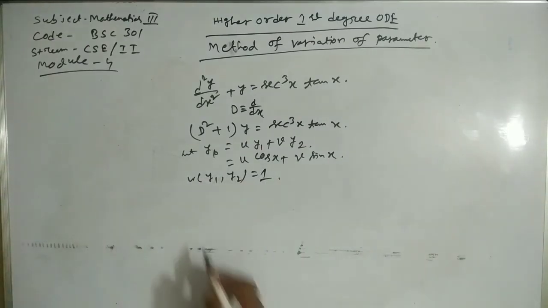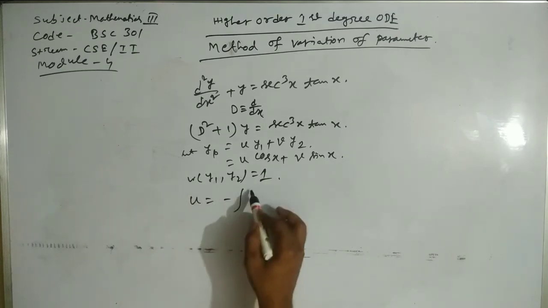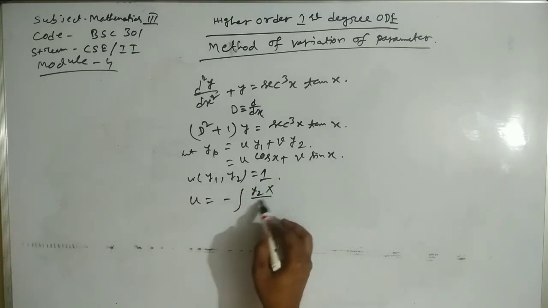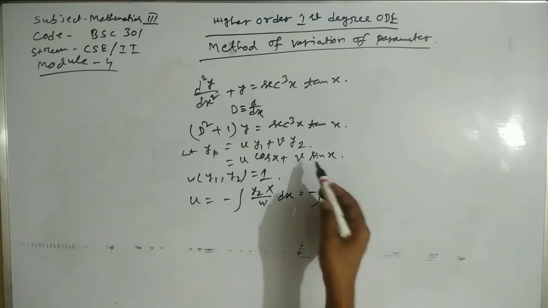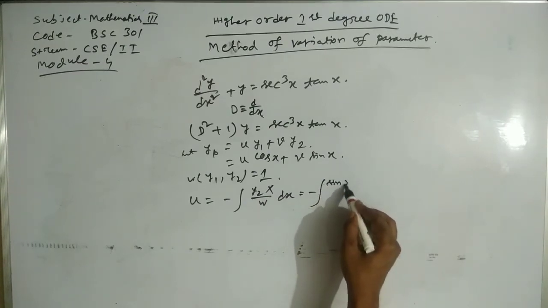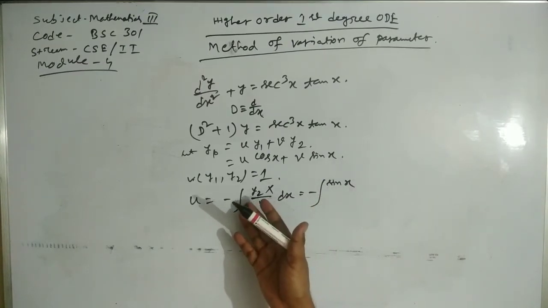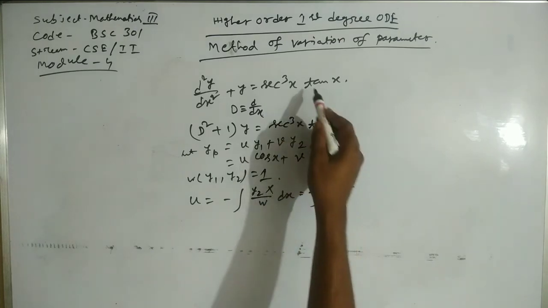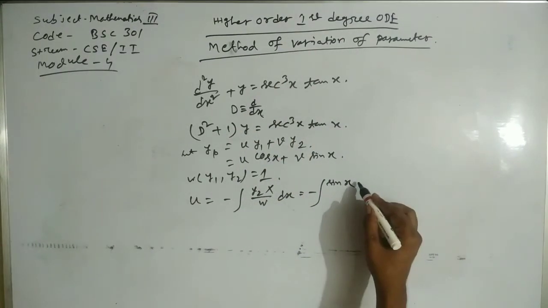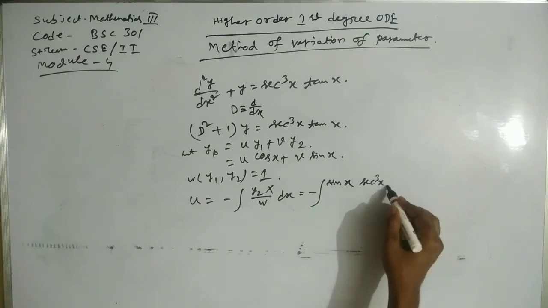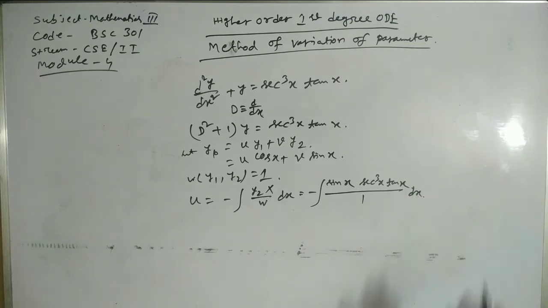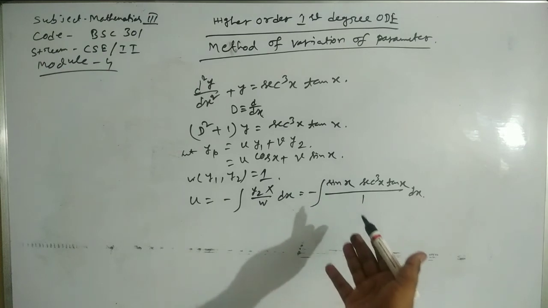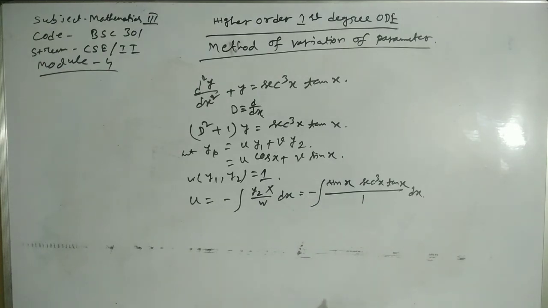Now u equals minus integration of y2 capital X by w dx, where y2 is sin x, the function present in the complementary function, and capital X is the right hand side function, that is sec cube x tan x, and w is 1. So we have to integrate sin x sec cube x tan x dx.